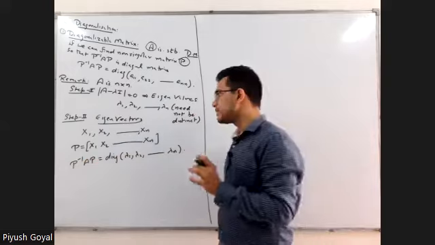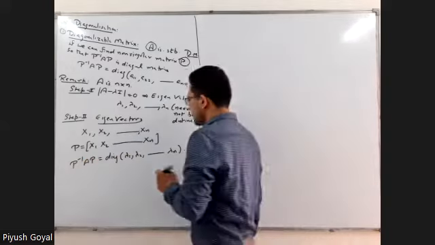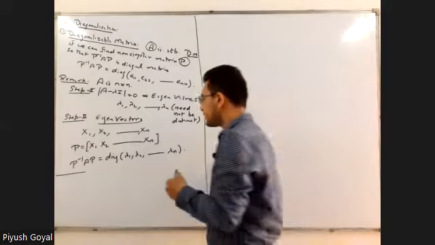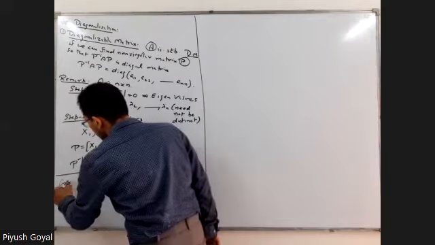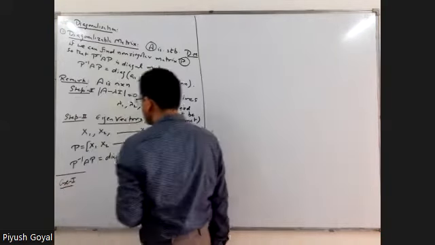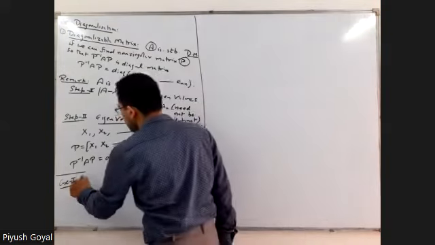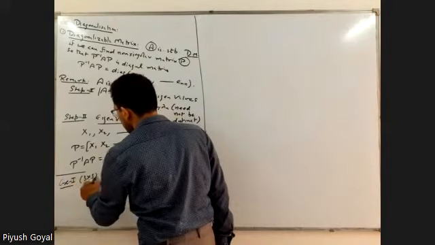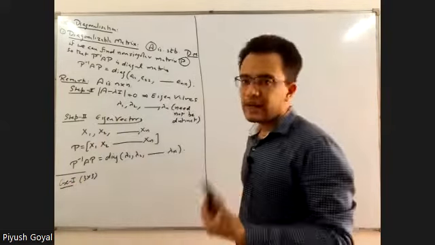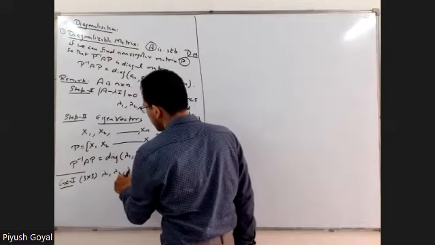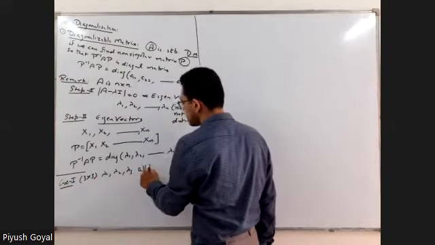Okay, now there is a caveat here. Case 1: for understanding, say this is a 3 cross 3 matrix, and I get eigenvalues lambda 1, lambda 2, and lambda 3, all distinct.